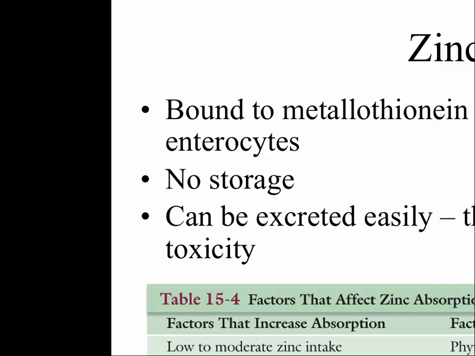But it's very similar to how iron gets bound to ferritin in your enterocytes. So it facilitates absorption, pretty much. But unlike iron, you don't store zinc. You don't store it in your body anywhere because it can be easily secreted. Thus, there's really no risk, or there's a very low risk for toxicity because your body just gets rid of excess.